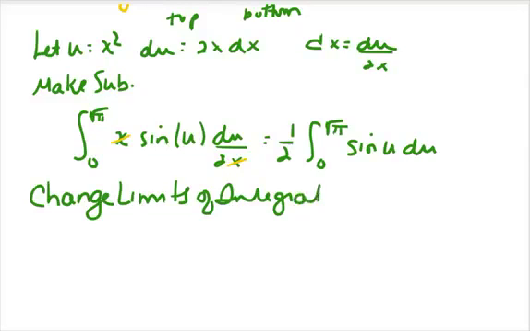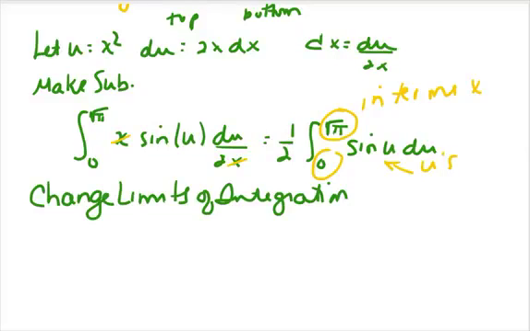Because we have the integrand in terms of u, but these limits of integration are in terms of x. So we've got a mix here. We've got u's and x's, so we've got to change one of them.